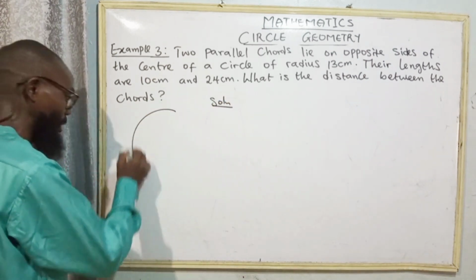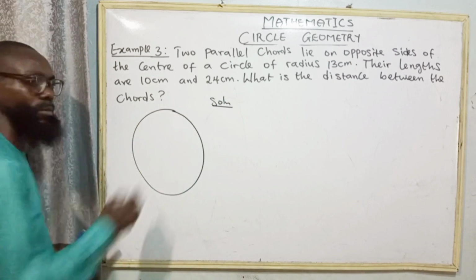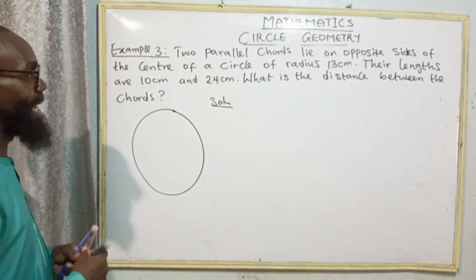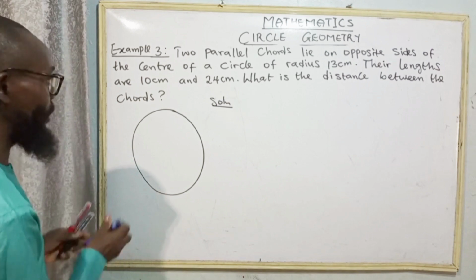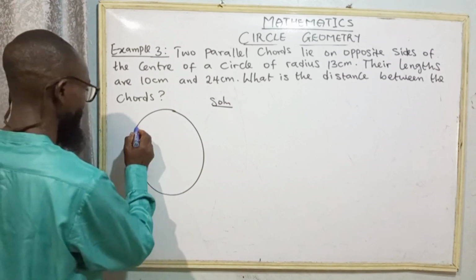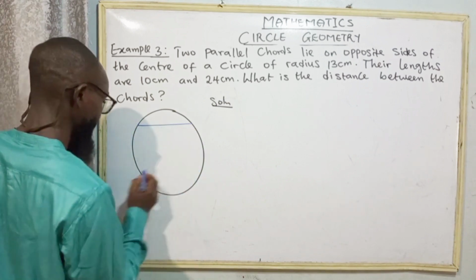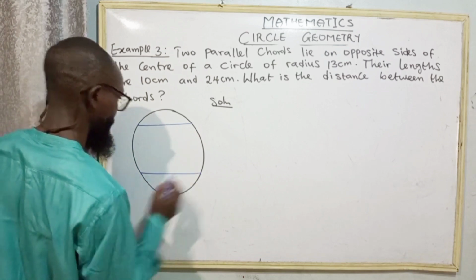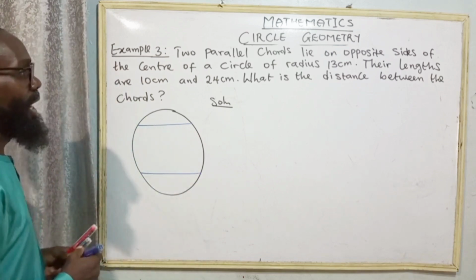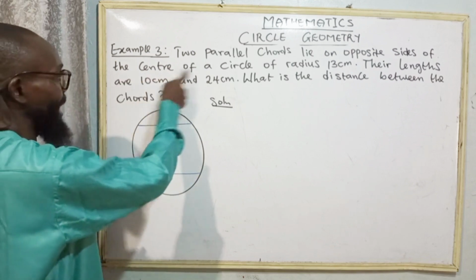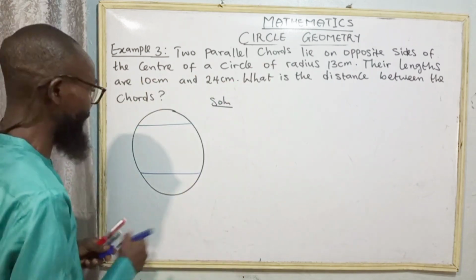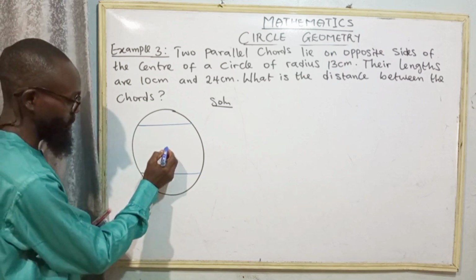Having a circle this way, two parallel chords lie on opposite sides. We have two parallel chords, one here and the other here, on opposite sides of the center of a circle of radius 13 centimeter. This is the center of the circle.